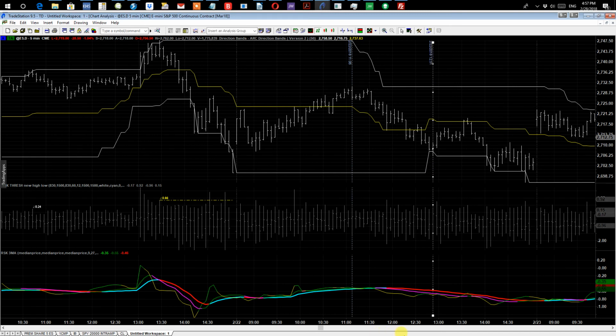Is there any bar on the premium that doesn't seem to fit? Sure, it's right here. Much higher high on the premium, but not a higher high on the ES.